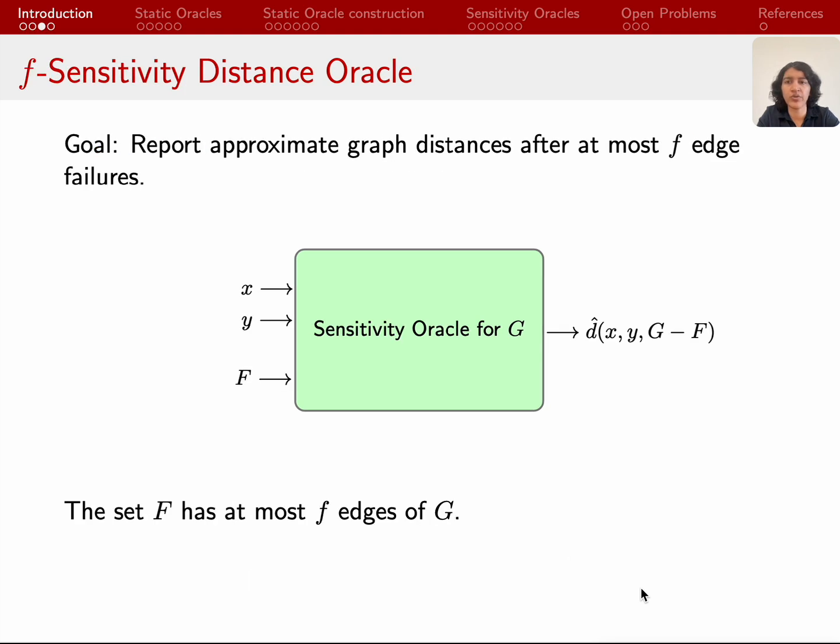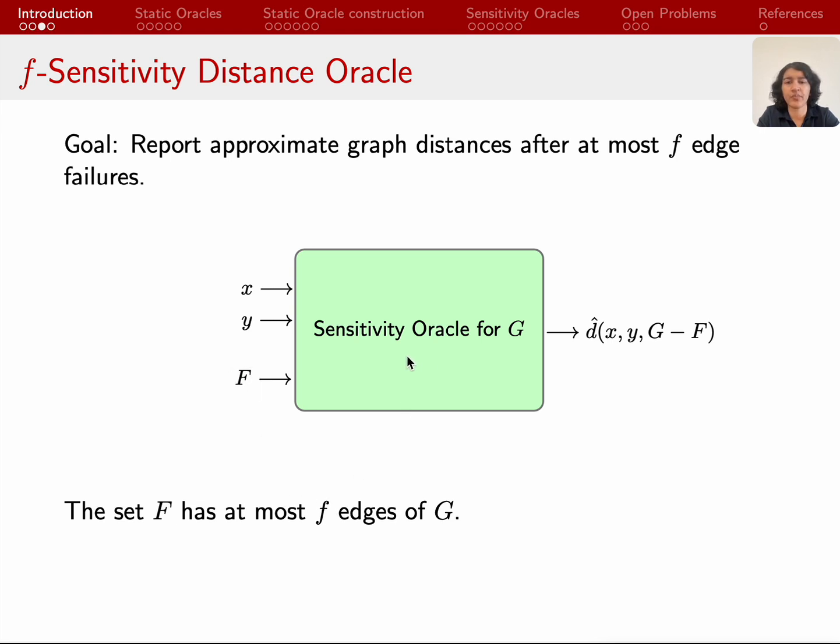Similar to distance oracle, we can define a distance sensitivity oracle with a parameter f. So here as an input we'll get a triplet consisting of 2 vertices x and y and a failing set F. The cardinality of F is bounded by small f.